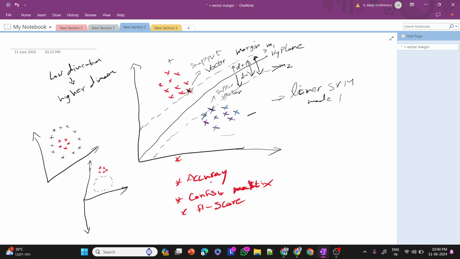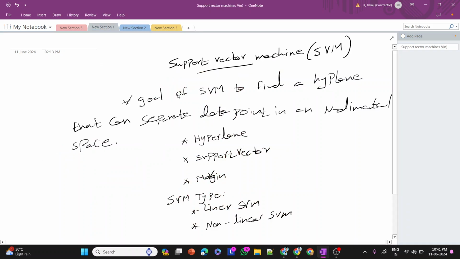Yes, the biggest advantage of SVM is that it is a powerful and versatile classification algorithm, and it performs especially well in high dimensional space. It has the ability to handle linear and non-linear data.